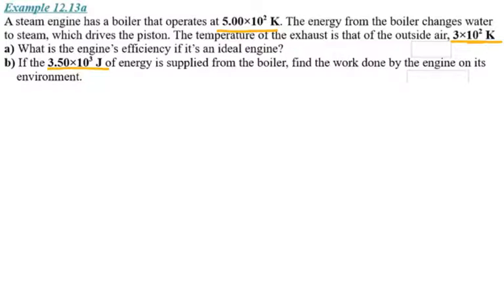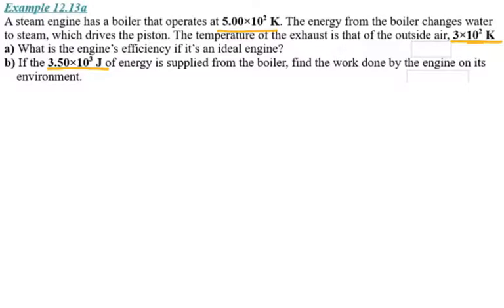The temperature of the exhaust is that of the outside air, 300 Kelvin, so that's the cooler reservoir. So what is the engine's efficiency if it is an ideal engine? And then if 3,500 joules of energy is supplied from the boiler, find the work done by the engine on its environment.